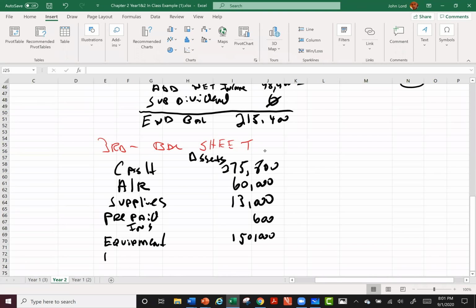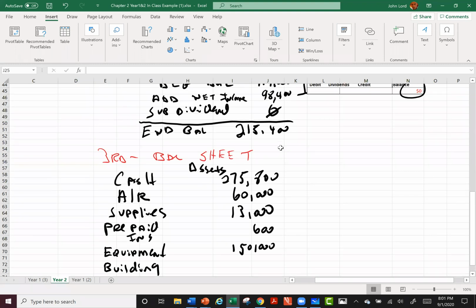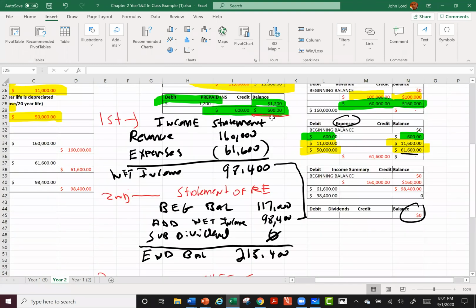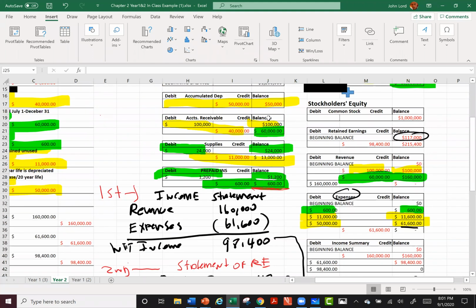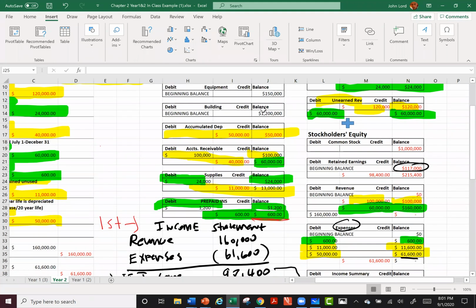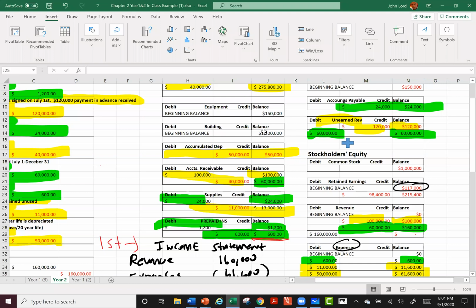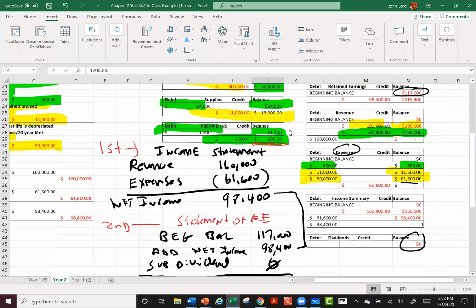Then I'm going to write in the building. And with the building, don't get creative. Don't use your imagination unless I tell you to. You just look up here and building shows how much? 1,200,000. I picked that up.